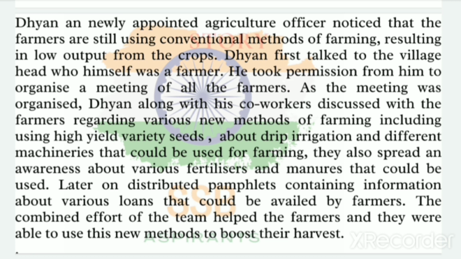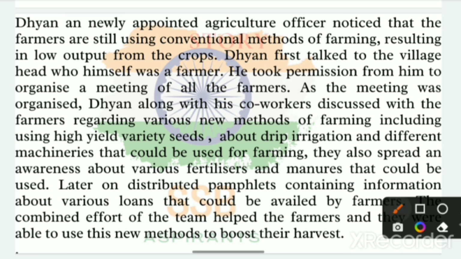The combined effort of the team helped the farmers, and they were able to use new methods to boost their harvest. So we can see that the past has ended here, and the future also starts from here.